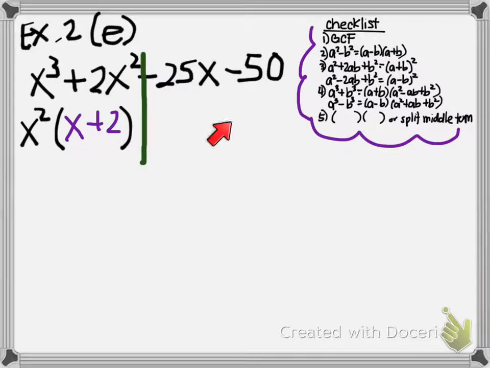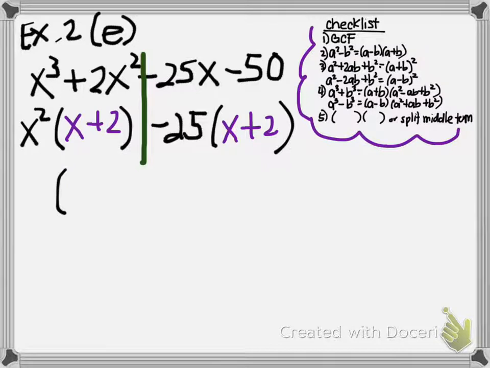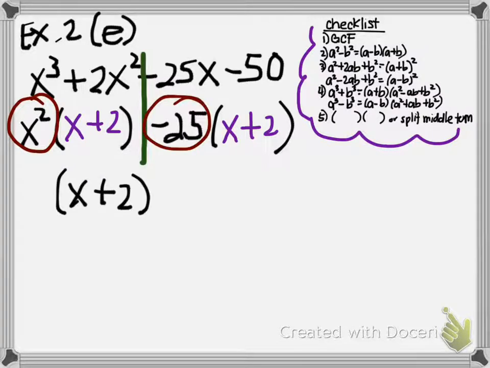Between these two, I do see a 25, but because I want x plus 2 as a binomial, I'm going to factor out a negative 25. They both have x plus 2, so we factor those out and write it once. What's left over is the x squared and the negative 25, so we write that as a binomial.